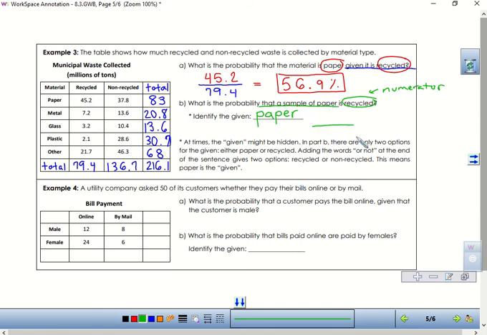So how much paper is there total? Good, so we have 83 tons of paper. And how much of that paper is recycled? 45.2. Good. So the trickiest part is figuring out what your denominator is. You just have to read the question and interpret the understanding. So we're looking at samples of papers that are recycled, and that amount is approximately 54.5%.